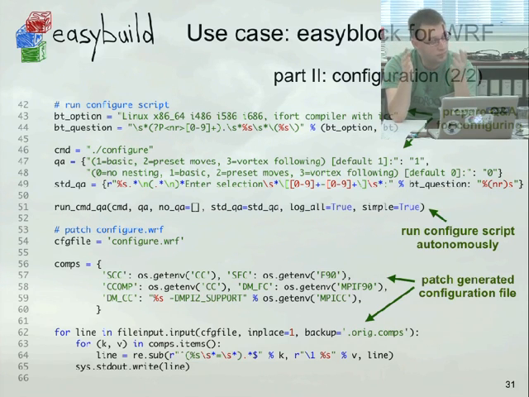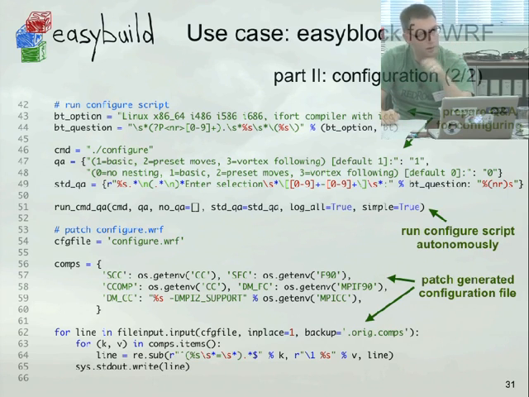Here it's tricky because WRF gives you a list of options to choose from, like 1 to 5, and each option matches a specific compiler and MPI combination, something like that. The fun thing is, across WRF versions, they change the numbers. They reorder stuff for God knows what reason. They add one option somewhere in the middle instead of at the bottom, which would make sense, and everything shifts. So the numbers are not the same.